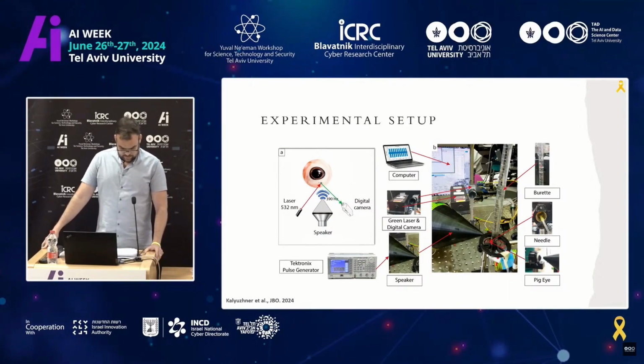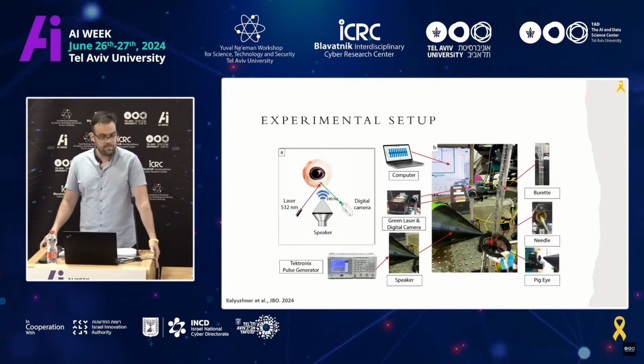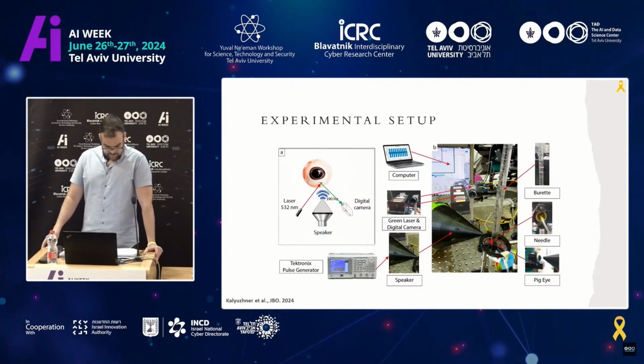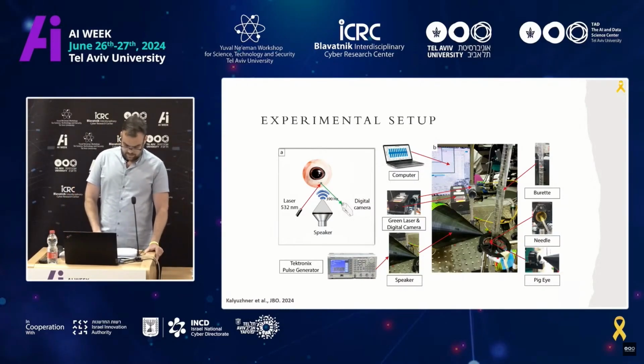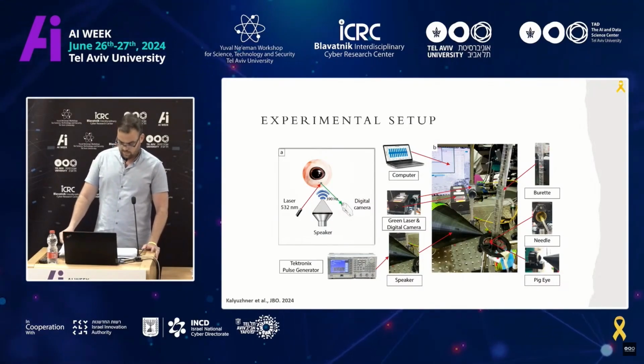The IOP was controlled using a water-filled burette connected to the eye via an injection needle, with pressure adjusted in 1 millimeter of mercury intervals within the normal range, and 2 millimeter of mercury intervals above that, up to a maximum of 45 millimeters of mercury, which is almost the maximum range of glaucoma.